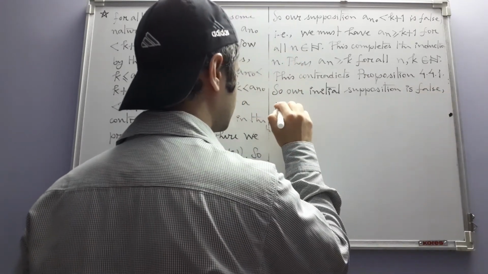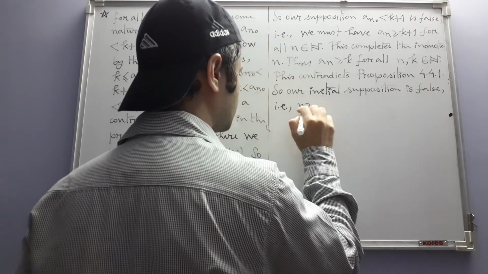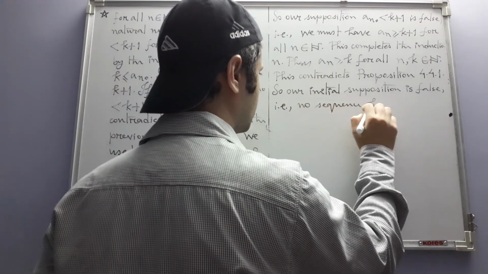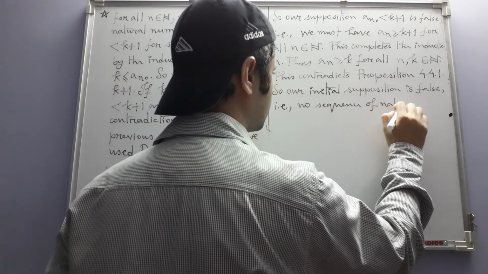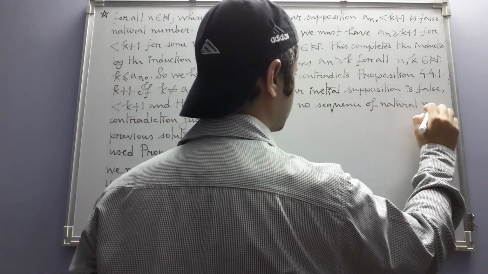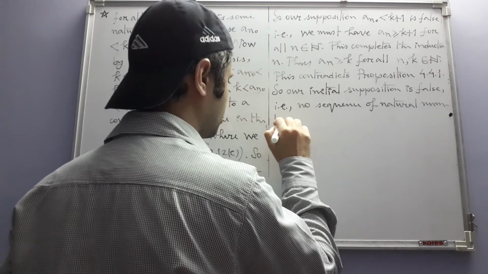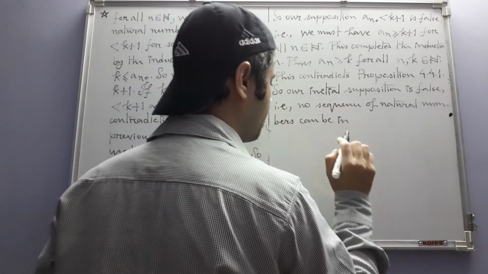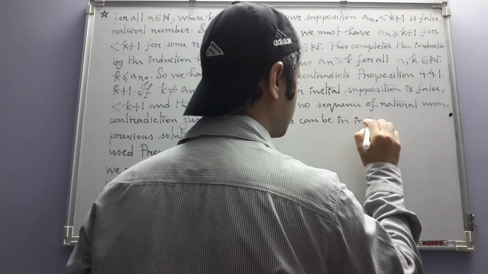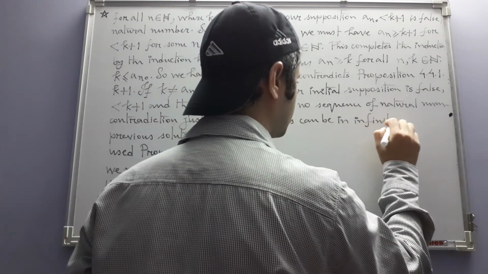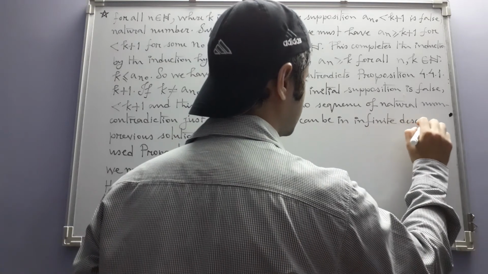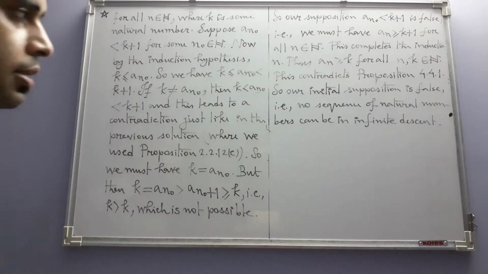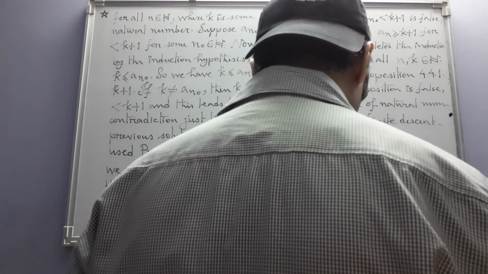That is, no sequence of natural numbers can be in infinite descent, and this is precisely the principle of infinite descent, which we have now proved.